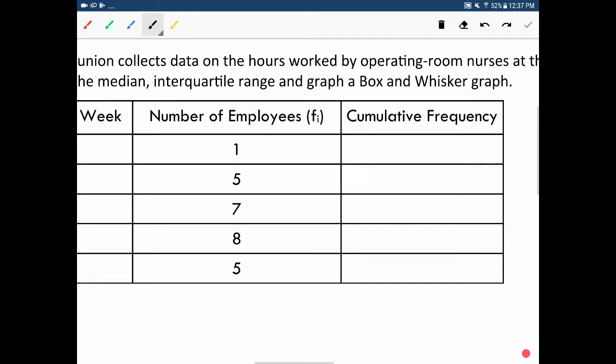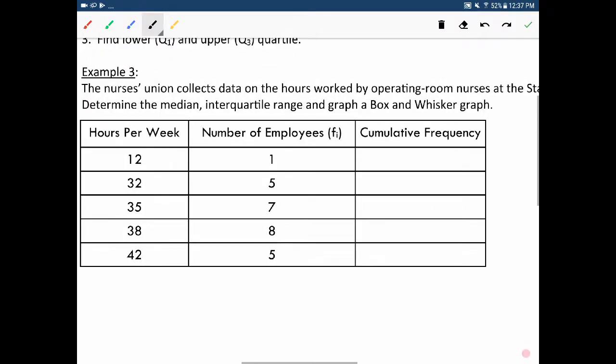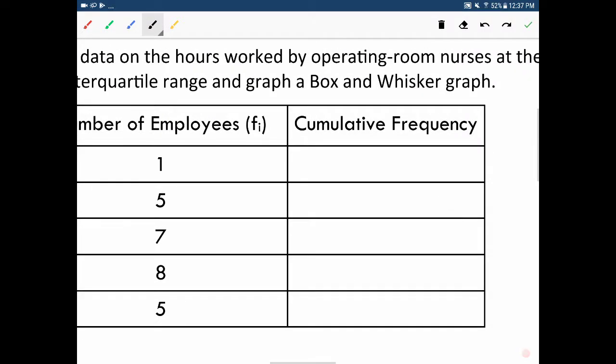So what we want to do here, we've got this nurses union thing. So this is the number of nurses that worked this number of hours per week. And this would have been like having a tally chart, where you said, oh, there were 5 people here, 7 people here, whatever. So 12 people there means that person number 1, if we ordered all the people, would be standing in that box by themselves.